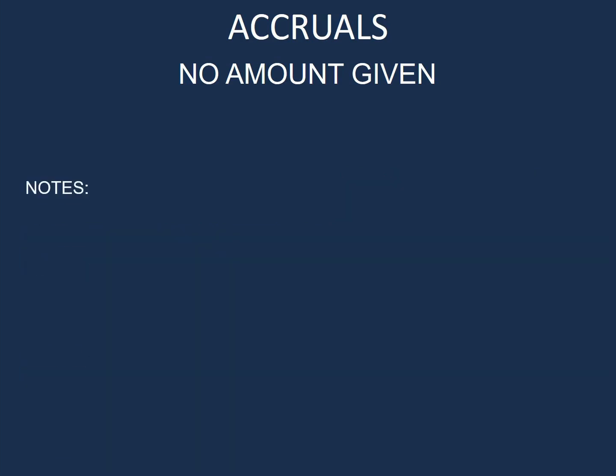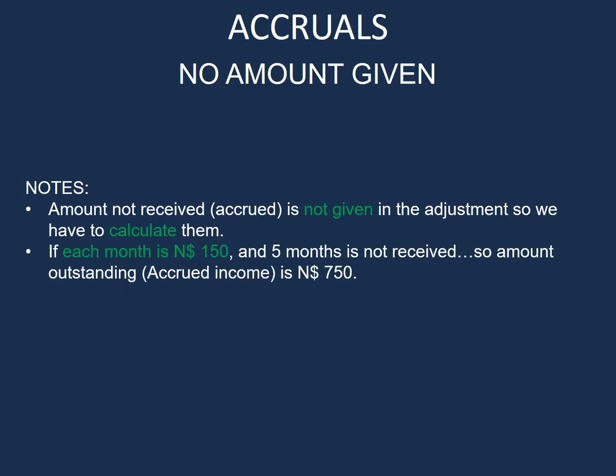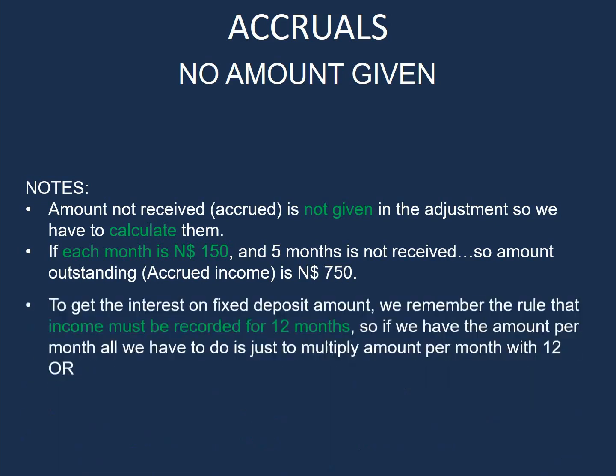The notes for this example is as follows: the amount not received is not given in the adjustment, so we need to calculate for that. If each month is $150 and 5 months is not received, then we need to multiply 5 times 150 to get 750.